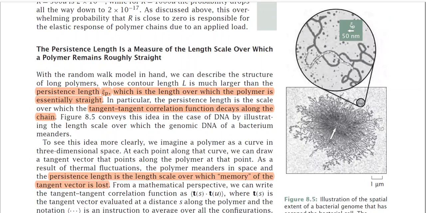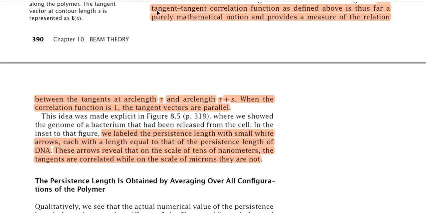So, if the two arrows are parallel, then we can say that the value of the correlation function GS will be 1, that means they are correlated or they are parallel. This can be seen only at the very small length scale, but if you view the picture at a very large scale, then we are not able to see the correlation. That means they are uncorrelated in nature.